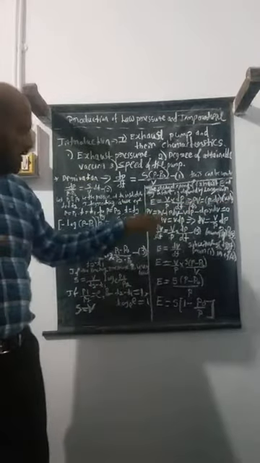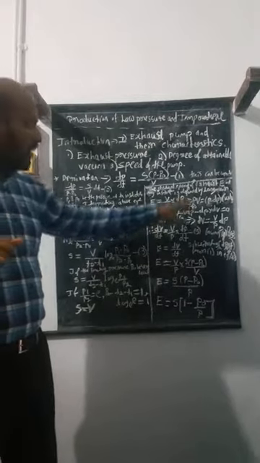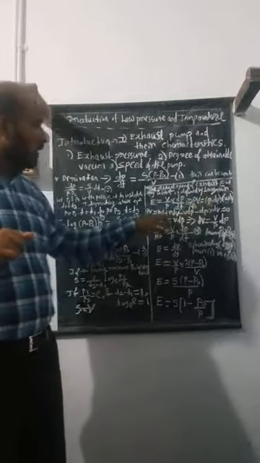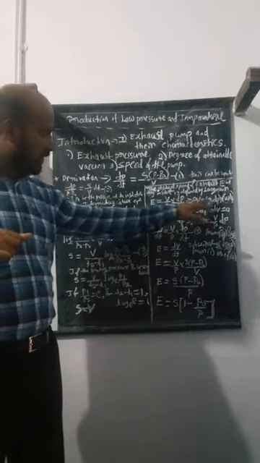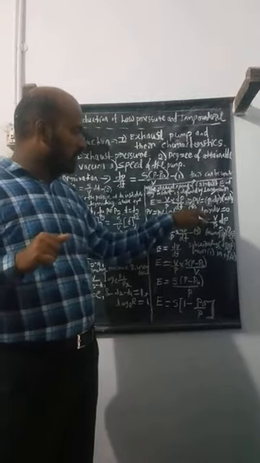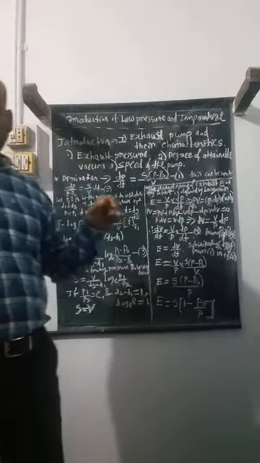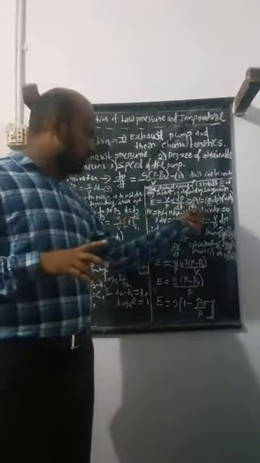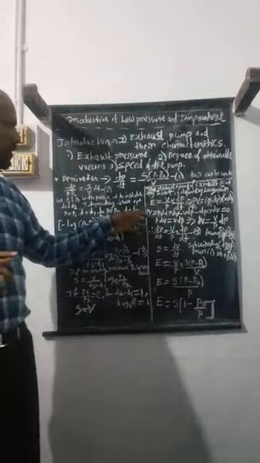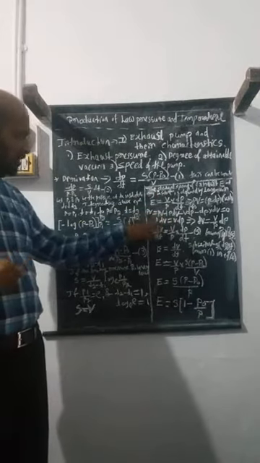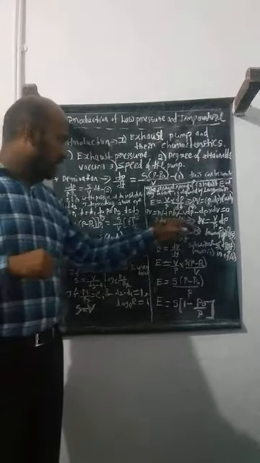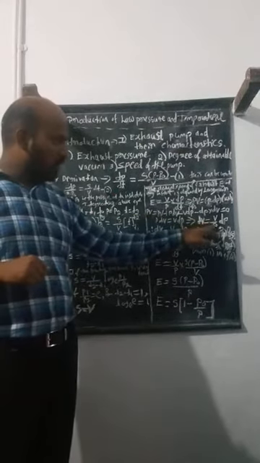Next, I am multiplying PV as it is, and multiplying this one PV into V. After multiplying, we get V into dP minus dP into dV. Here dP and dV are small, so we neglect that term, since they are small changes in pressure and volume. PV gets cancelled. The remaining term is P into dV is equal to V into dP. Next, I write dV is equal to V divided by P into dP.